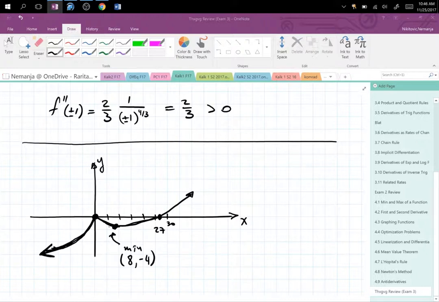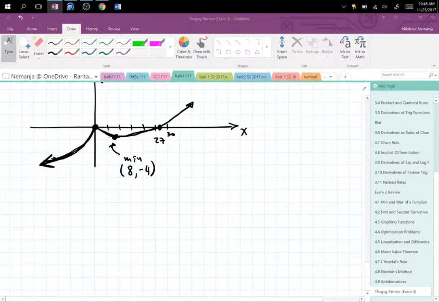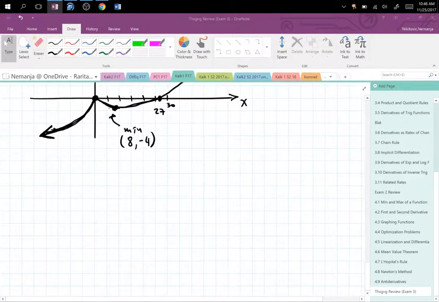Now, what type of information is given to you to graph? Well, a chart of values is given to you.